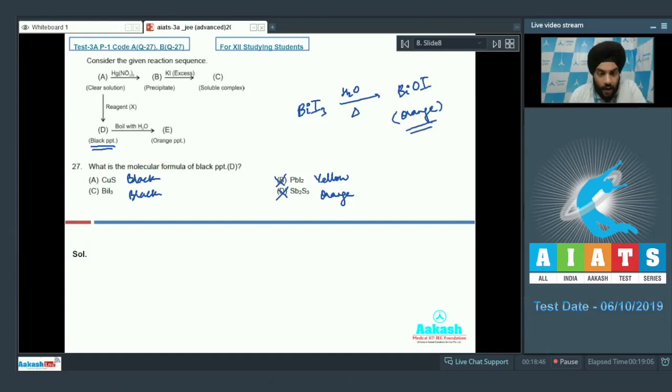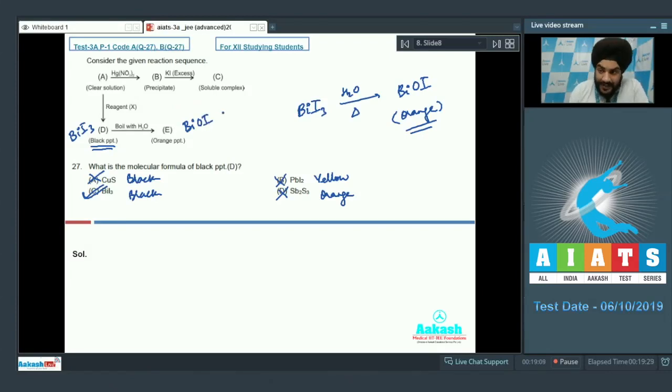Copper does not give such orange colored compound. So option A is also eliminated, and BiI3 has to be marked as the correct answer for question number 27. So we have figured out that the black PPT is BiI3 and the orange PPT is BiOI.